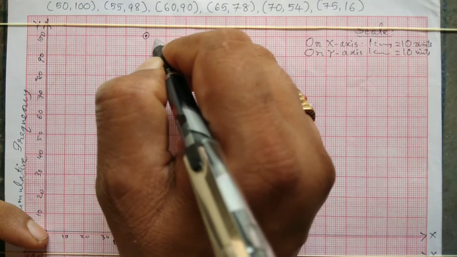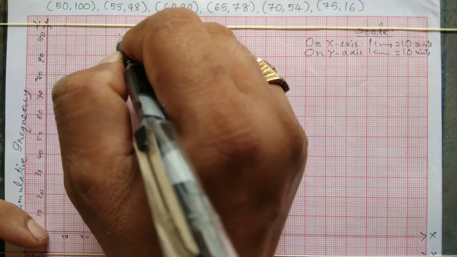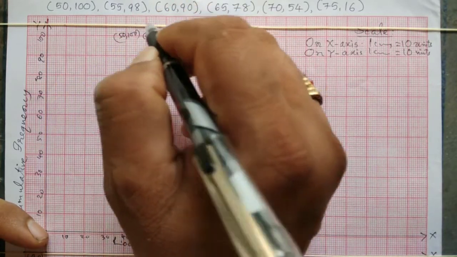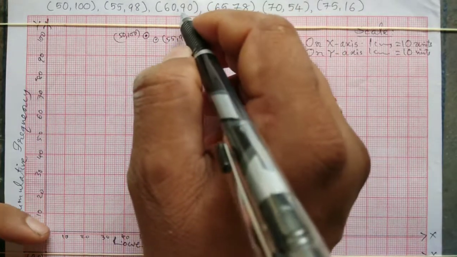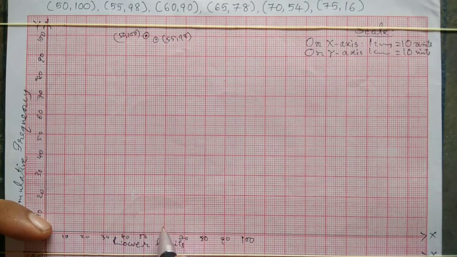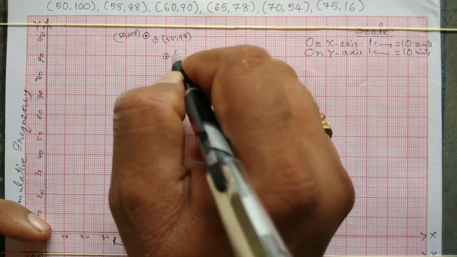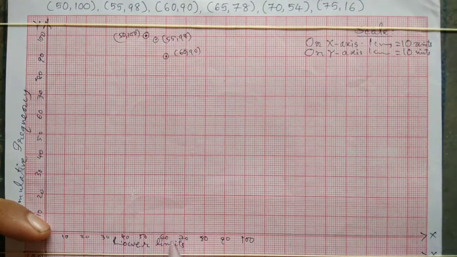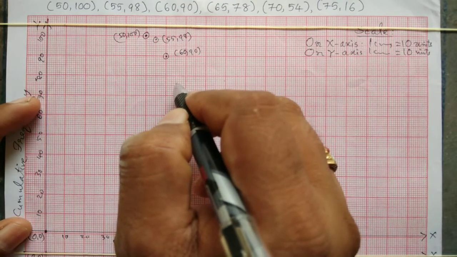Here is the point. Next 60, 90. So this is 60, 90. 65, 78.